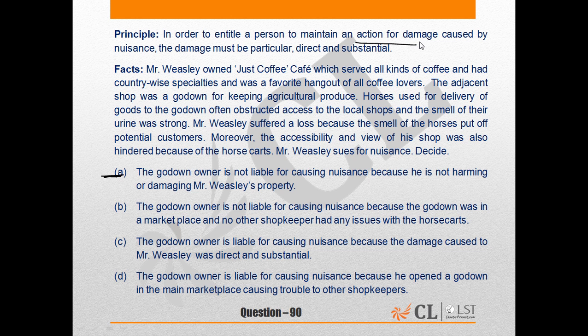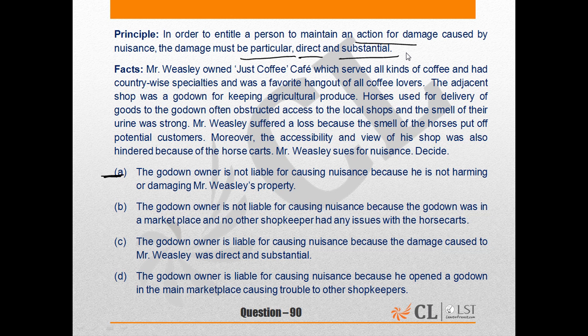The principle does not say this. The principle merely says that in order to entitle a person to maintain an action for damage caused by a nuisance, the damage must be particular, direct and substantial. These are the three requirements for the type of damage which should be there.